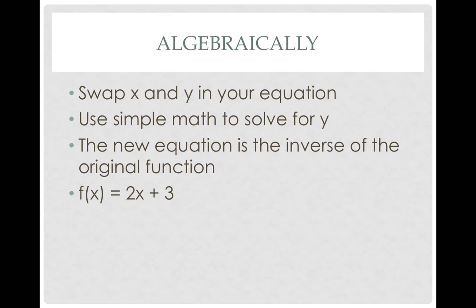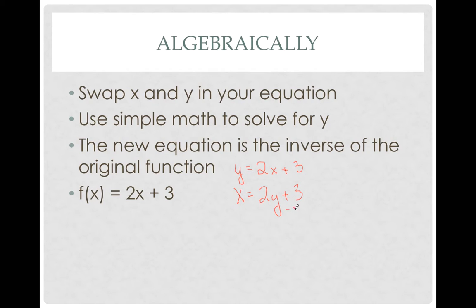So let's think about f of x is equal to 2x plus 3. This is the same thing as saying y equals 2x plus 3. To find the inverse, we need to swap x and y. That's my first step. And now we need to solve for y.